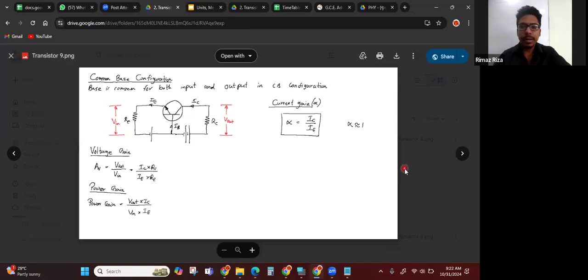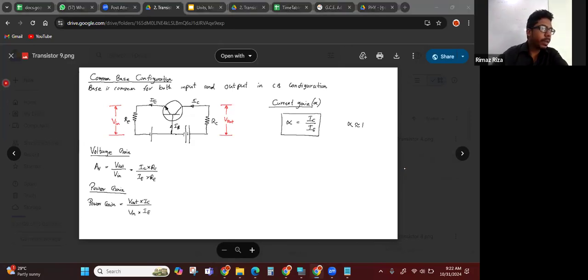I will give you the opportunity to draw the common collector configuration for, let's say, an NPN transistor. You have to draw it and send it to me. You can send it to the Zoom chat, or else you can WhatsApp me. When sending through Zoom chat, send it to the Knowledge Institute, not to Rimaz.